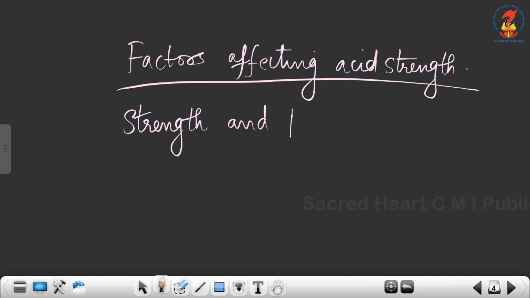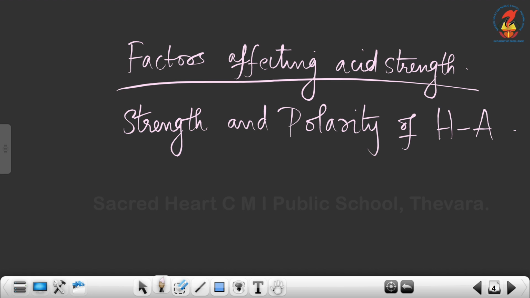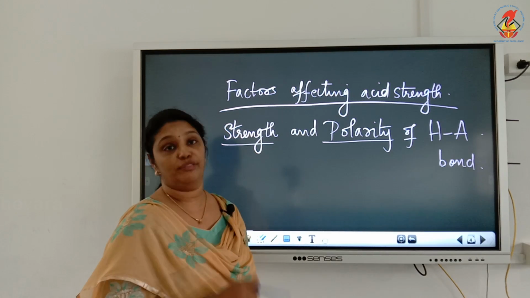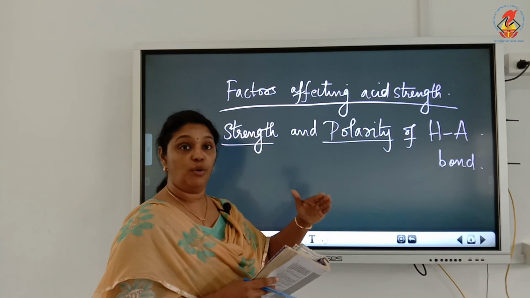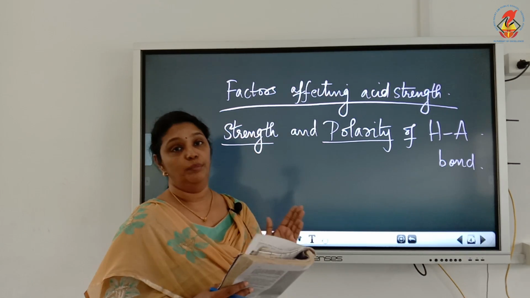HA is the general representation of an acid. So these two things decide the strength of an acid, whether it is a strong acid or a weak acid: the strength of the bond and the polarity of the bond.